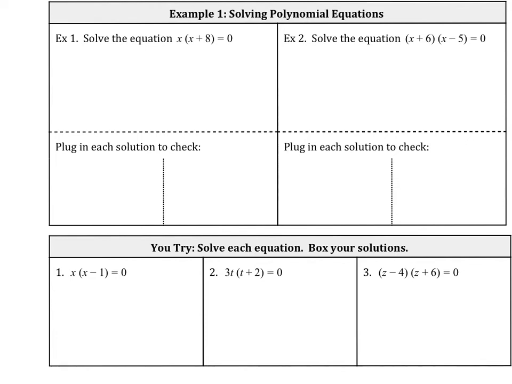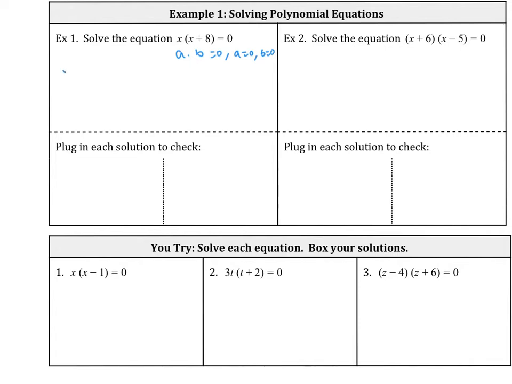Example number 1, solving polynomial equations. Solving means that you're going to find the unknown variable, which in this one is x. So you're going to solve for x by using the zero product property. The zero product property says that if a times b equals 0, then a equals 0 or b equals 0.